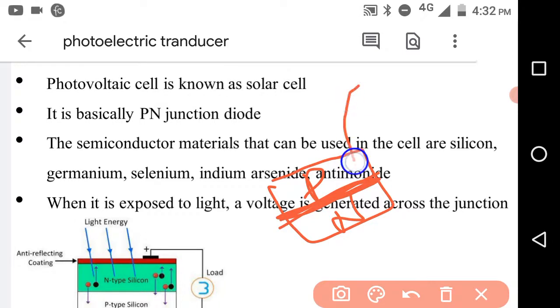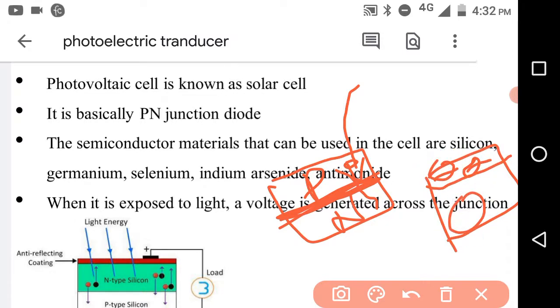So when light is incident on this region, the covalent bond breaks up, and the electrons get more energy to reach towards the holes which are far away from the junction point. And there is the generation of negative charges on the p side and positive charges on the n side. So there is a formation of potential.